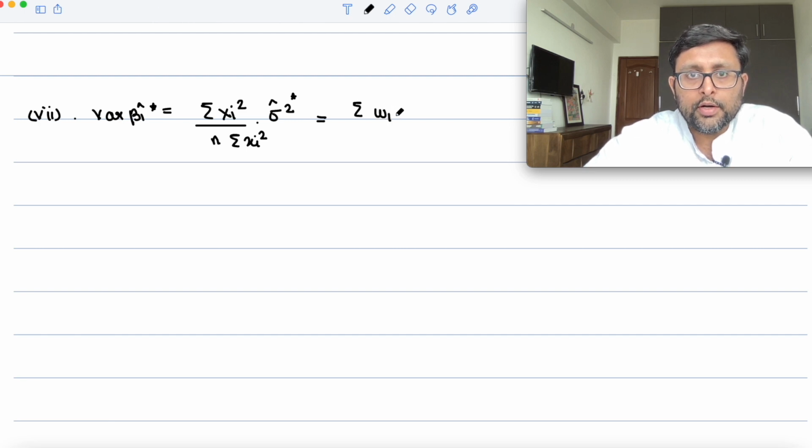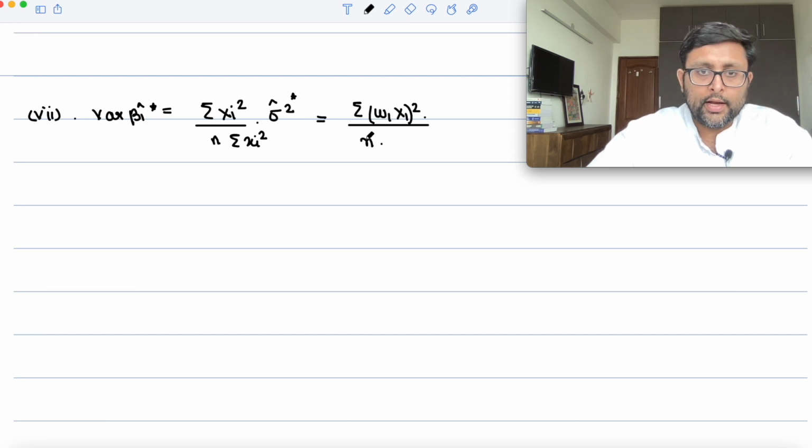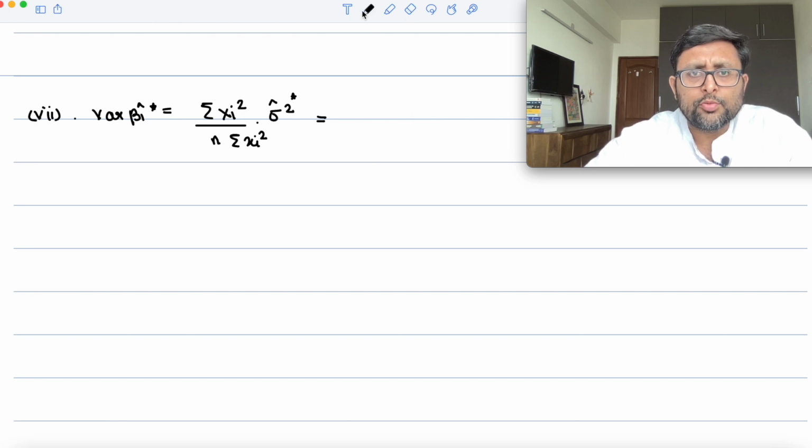Your W2 x1 square, I'm so sorry, it should be W2 now. It should be square, although this square will get cancelled out.